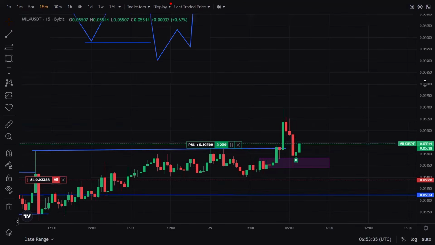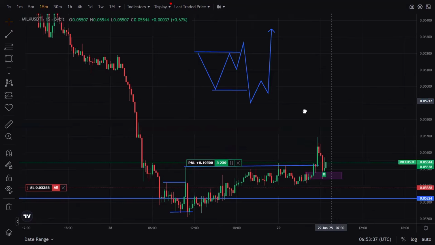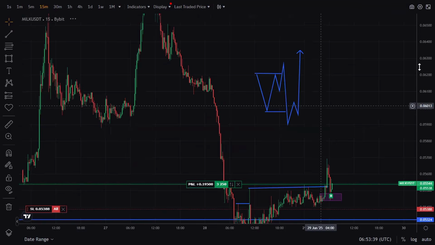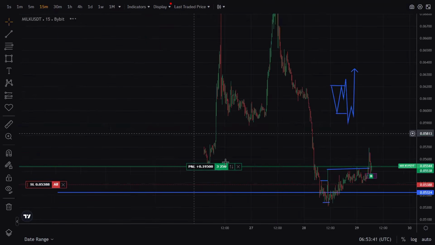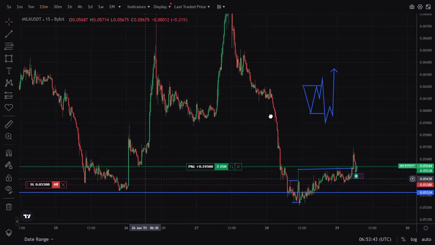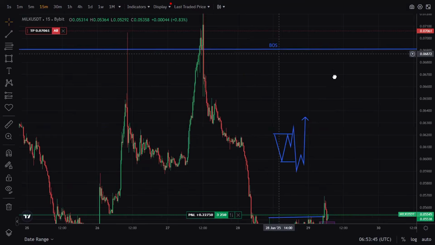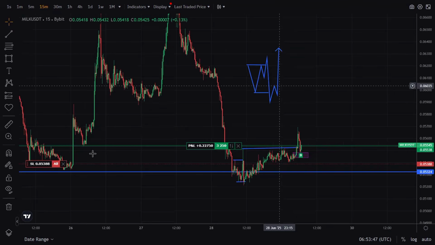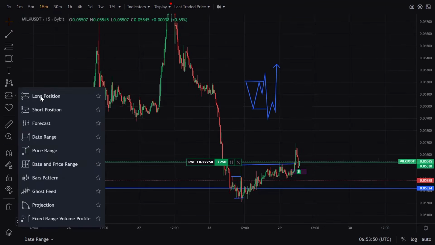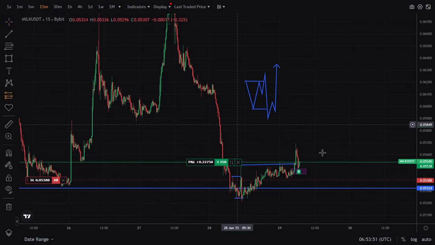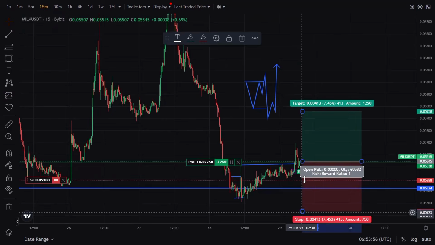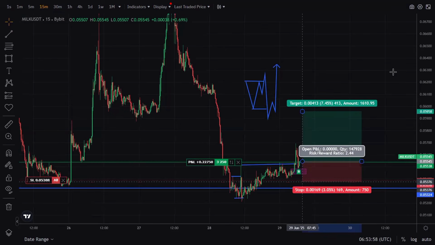So in this trade, where's our take profit? Our take profit is going to be somewhere around here. Imagine the risk to reward for such a trade. This is massive. Let's check what the risk to reward is going to look like. Put our stops here.